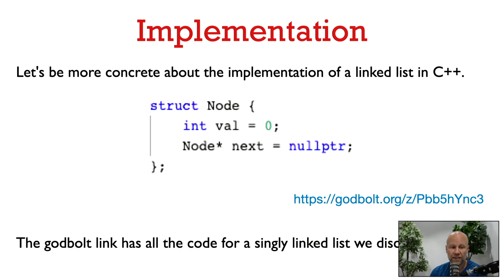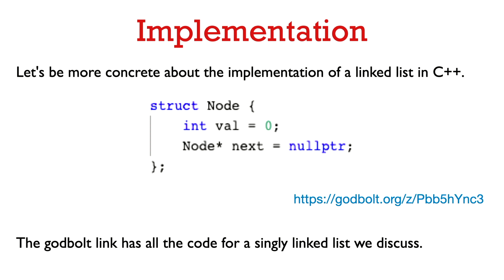To be more concrete, I'm going to go over some code for the operations on a linked list in C++. So here's the specification of a node. We have a struct called node, and it has 2 member variables. The first one is just an integer called val, and the second one is a pointer to a node.